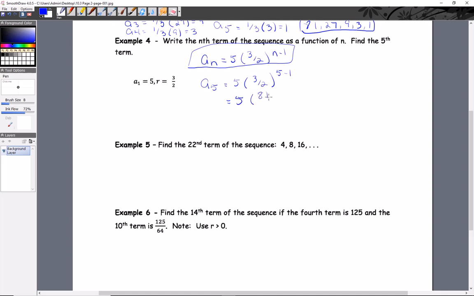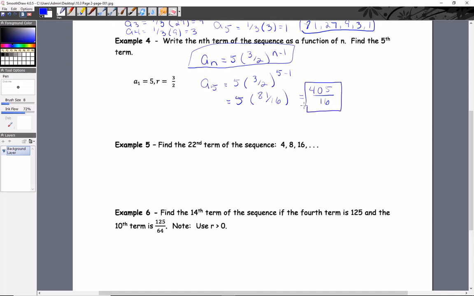And 2 to the 4th power would be 16. And if you just go ahead and multiply that through, you're going to get 405 over 16. Now 16 is divisible by 2, and if you add up the digits here, that's 9. 9 is divisible by 3, so 3 is a factor, but this thing is not going to reduce, so it looks like that's the other part of our answer.